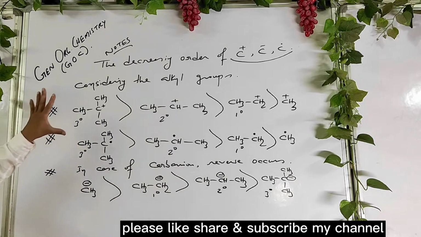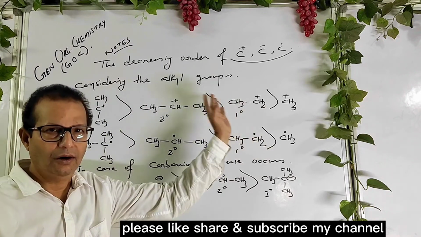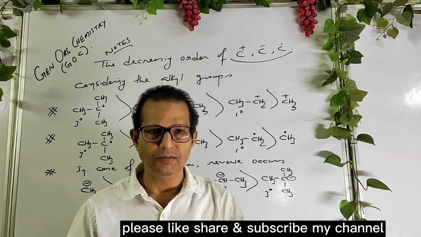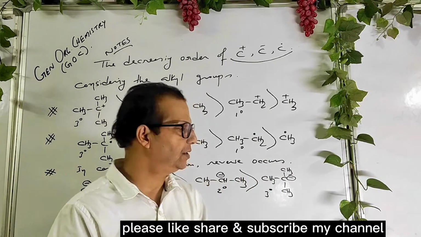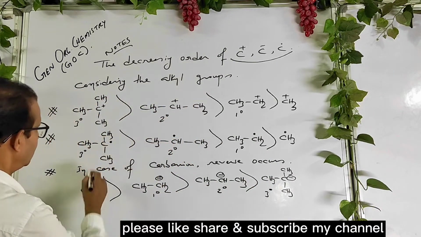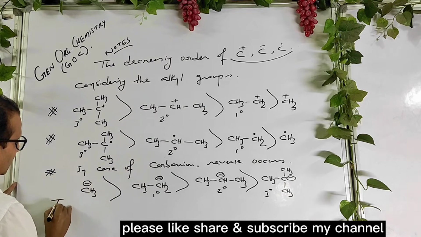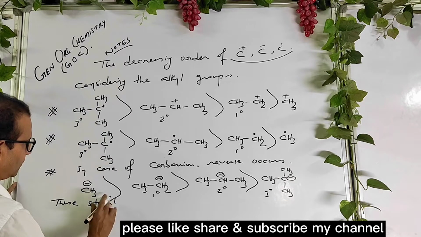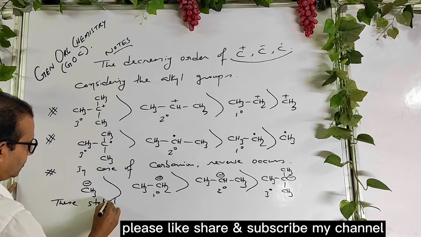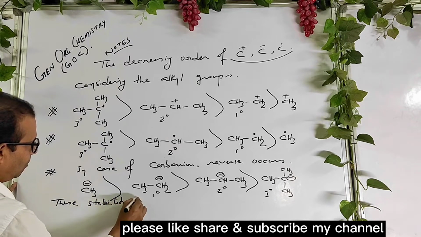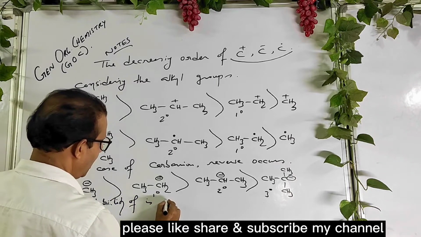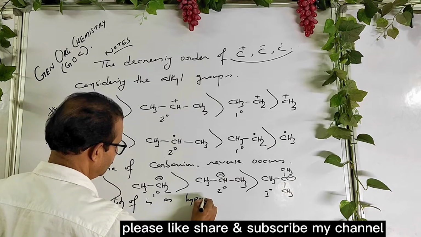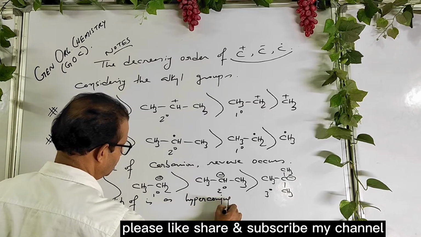And the stability order of these carbocations is on the basis of hyperconjugation.